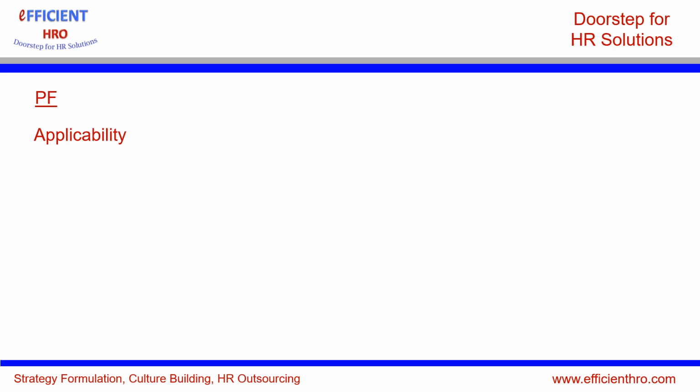Coming to applicability. PF is applicable to organizations that have 20 or more employees. If any organization's employee count reaches 20, it becomes mandatory for the organization to take a PF code.